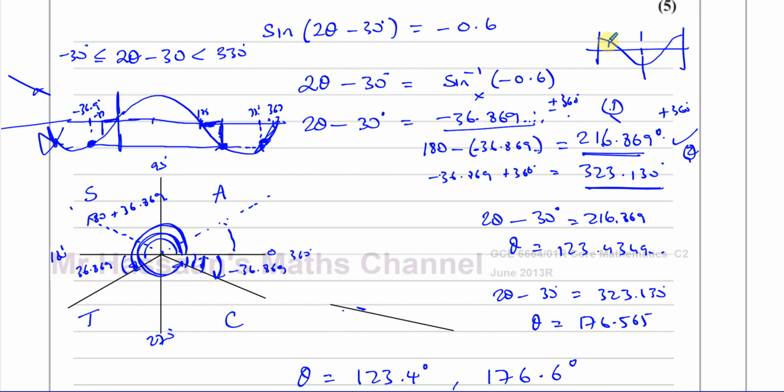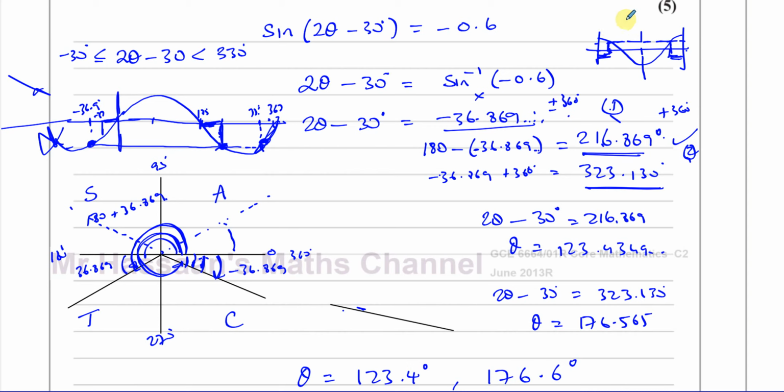So whatever angle you get in your calculator, the symmetry of the cosine curve is such that there's another angle that shares the same cosine ratio, but it's 360 minus this angle. So this distance and that distance is the same. That is whatever that angle is more than 0, and that is whatever that angle is less than 360. So for the cosine curve, you find the main angle with your calculator and you do 360 minus that main angle, and that gives you the other main angle.